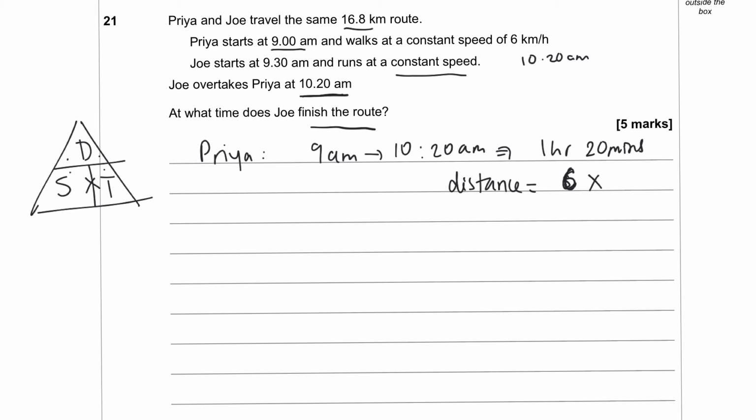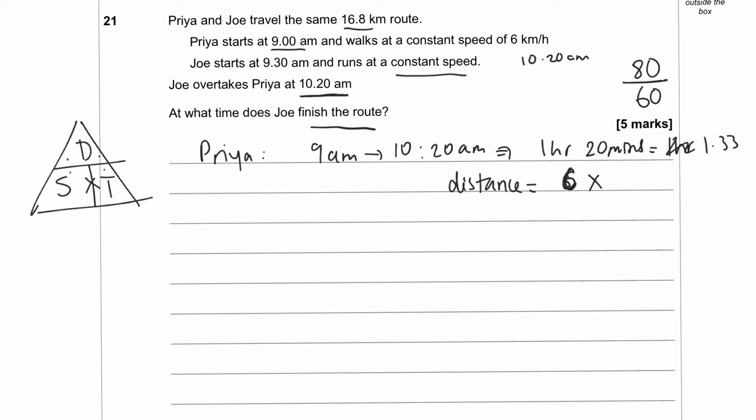If we convert the time to a decimal, it would be 1.33, but obviously it's 33 recurring. So what I would do is put it into your calculator as a fraction over 60. That would be 80 over 60, because 1 hour 20 minutes is the same as 80 minutes.